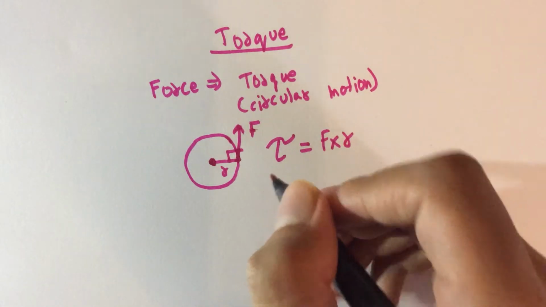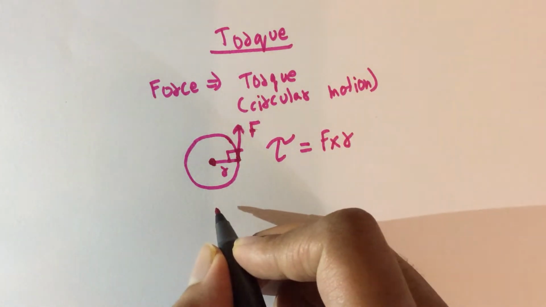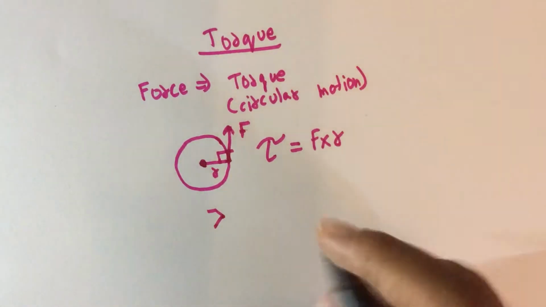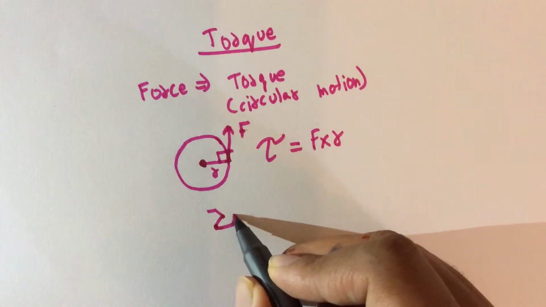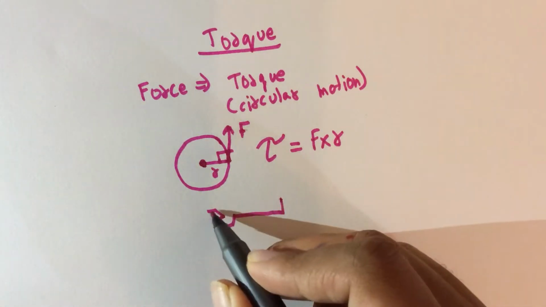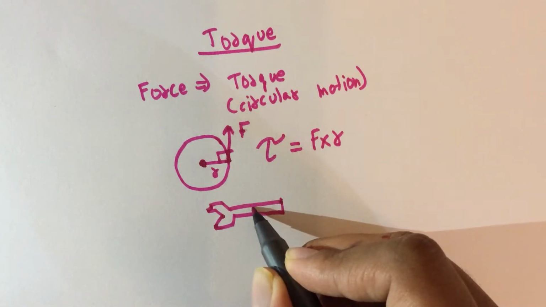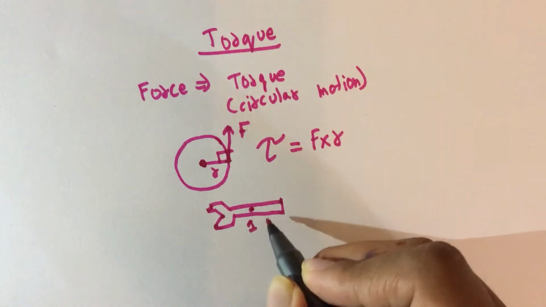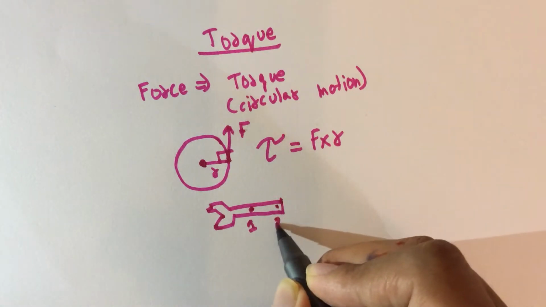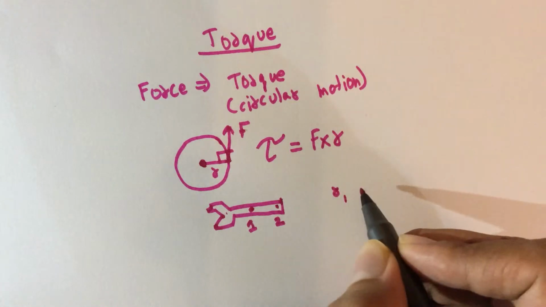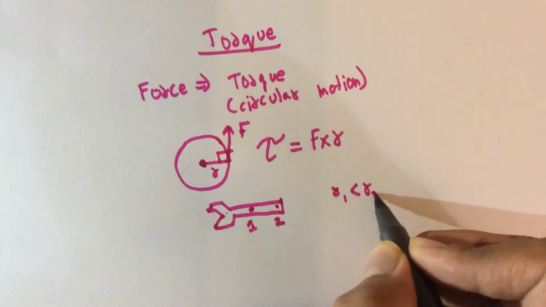Now, what that means is, let's say I've got a wrench, and I need to make this spin. I could apply the force at the first point or at the second point. R1 is obviously less than R2.